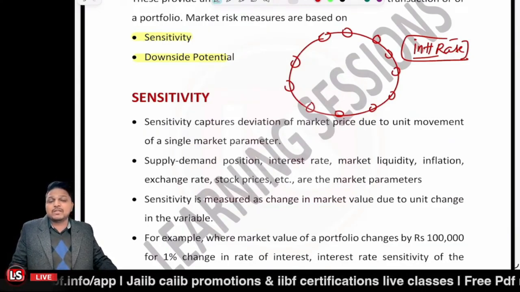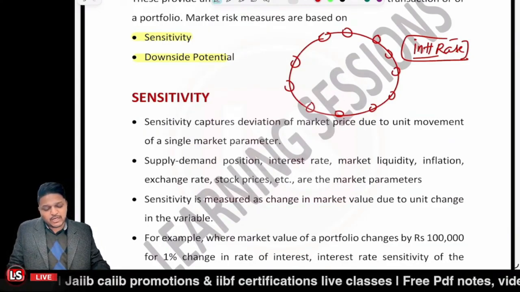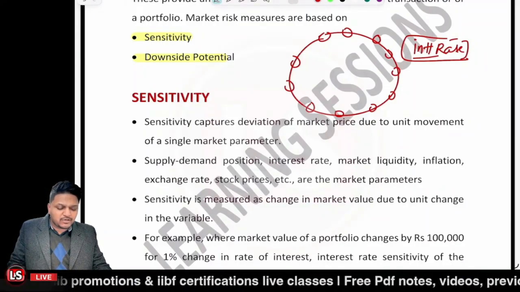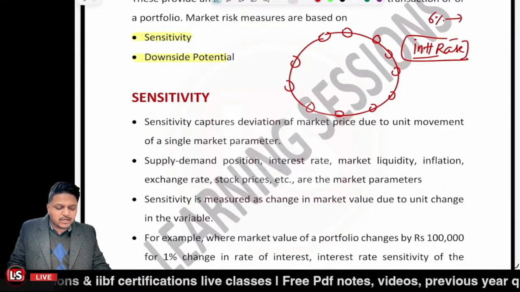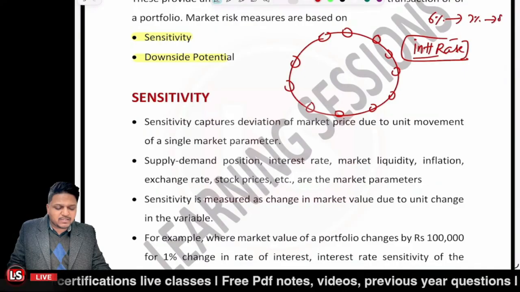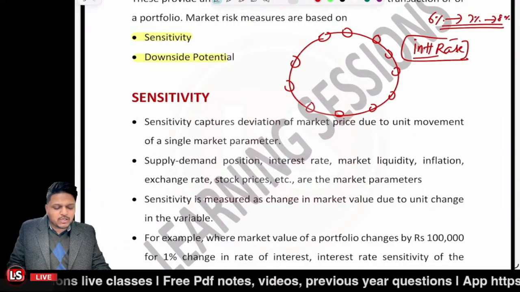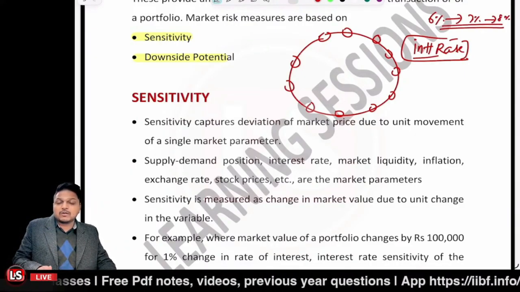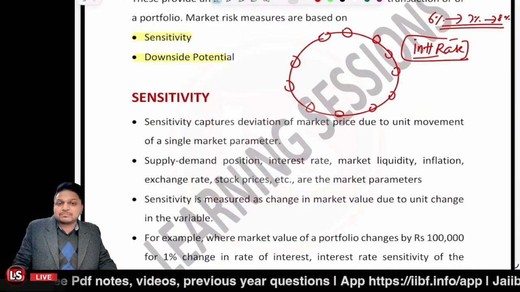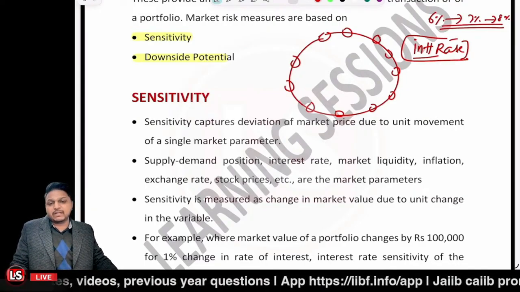That would be the sensitivity. Say the previous interest rate was 6%, now I consider 7%, then 8%, and I look at what the price deviation is going to be. That would be the sensitivity.